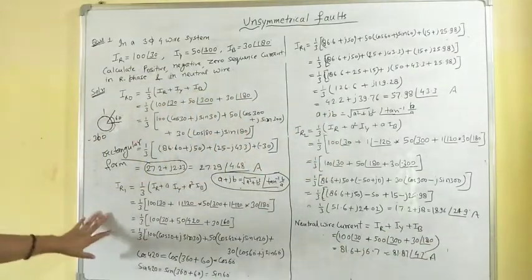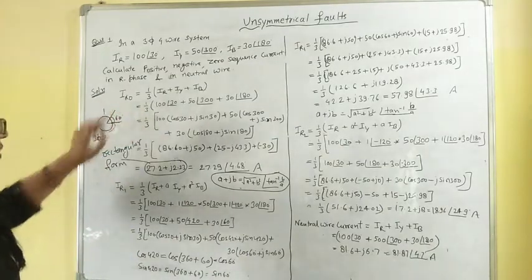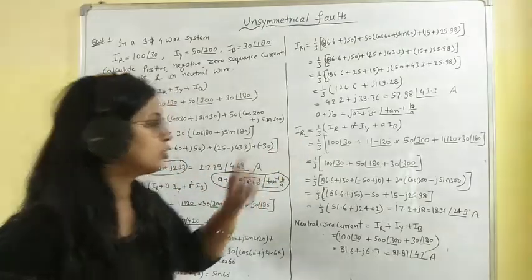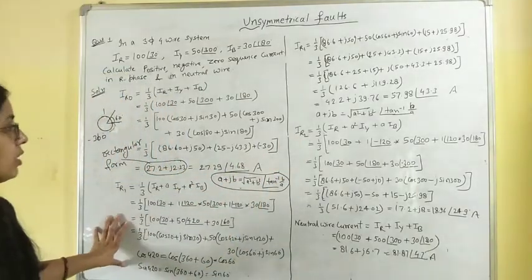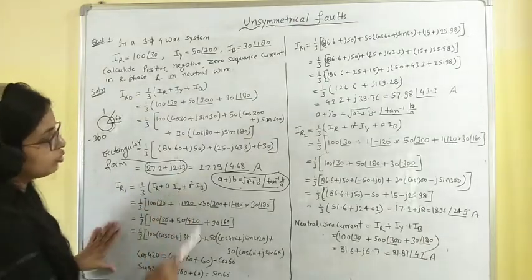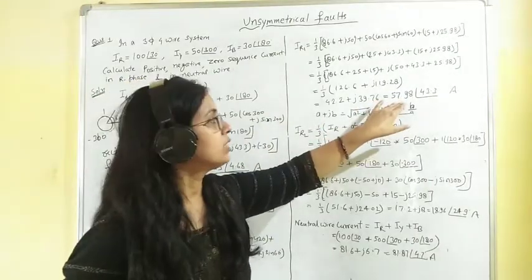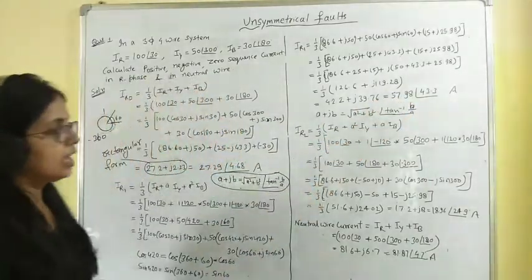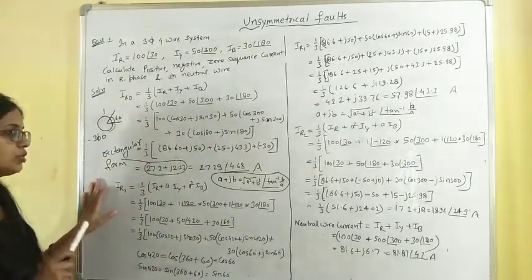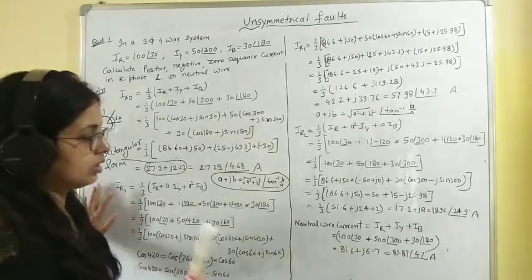So we have calculated all three sequence currents: zero, positive, and negative sequence current. From here we can see that the highest value of current is in the positive sequence, that is 57.98 ampere. It always happens that the positive sequence current is greater than the other two currents.